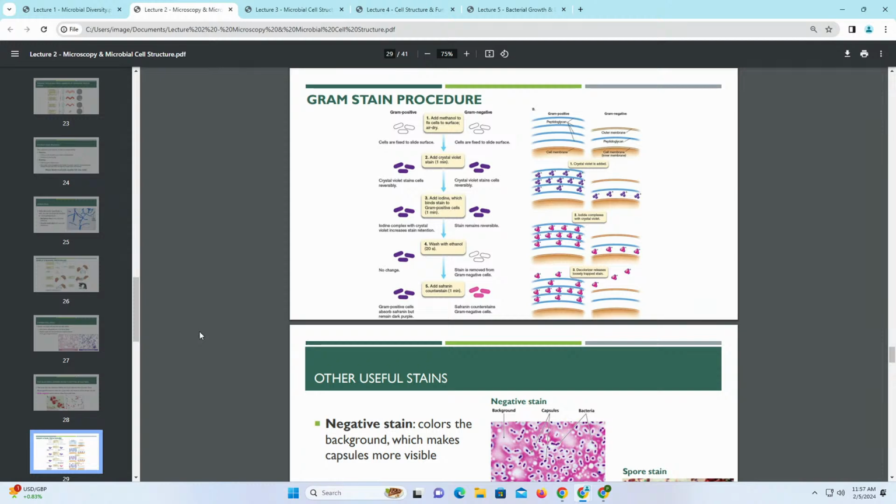Then, to do a differential stain and see them as different colors, we add a lighter stain like safranin that will counterstain the gram-negative cells pink, and the gram-positive cells remain dark purple because purple is darker than pink.